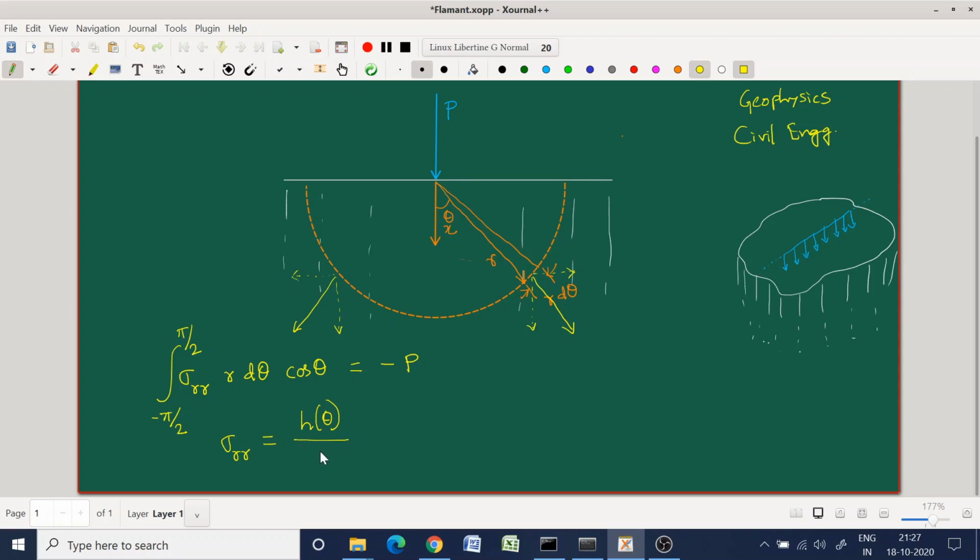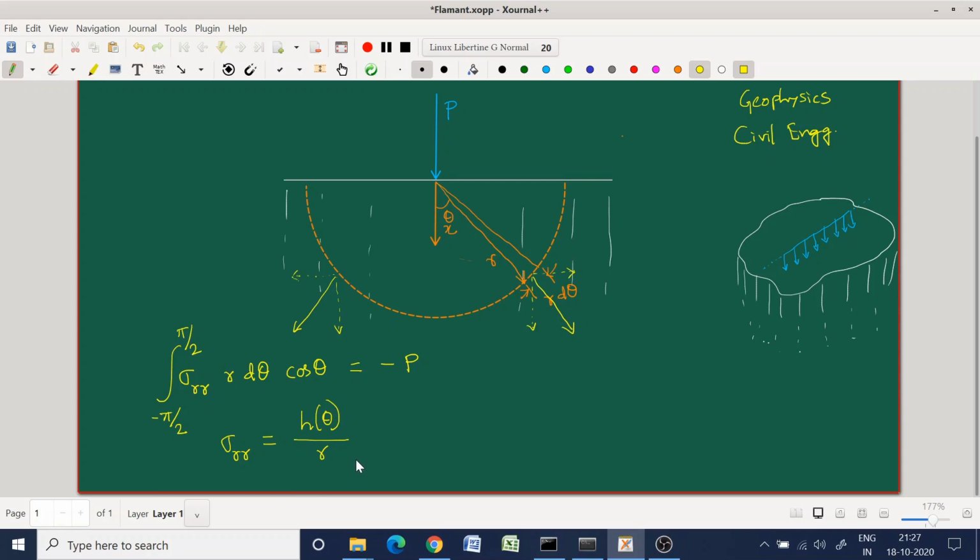And in the denominator there is an r. So what is the motivation? The motivation is that the moment we replace this form here, this r is going to get cancelled with this r. So automatically the answer that we'll get will be independent of r and certainly independent of theta.